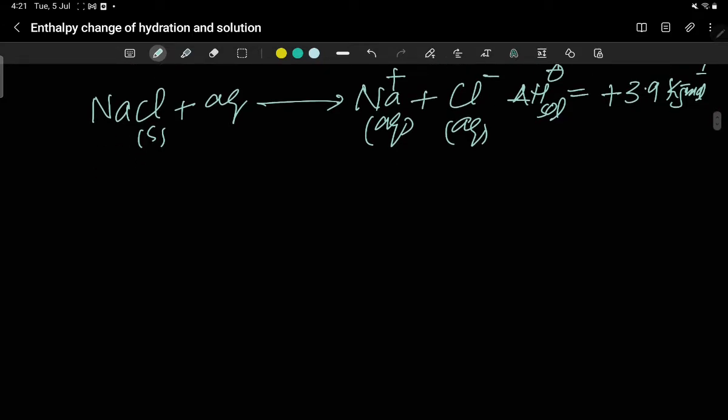So I will be explaining this on the basis of attraction between the ions.